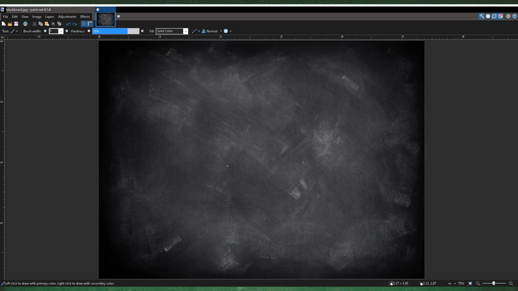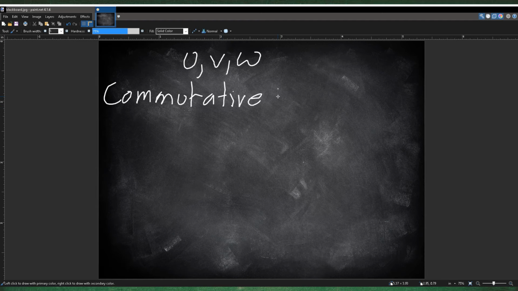Now let's learn about the general properties of vectors. These are really basic and really self-explanatory. Let's say you have vectors u, v, and w. They usually follow the arithmetic rules. First, the commutative property states that vector u plus vector v is the same thing as vector v plus u.